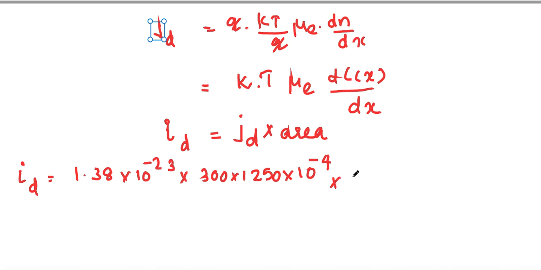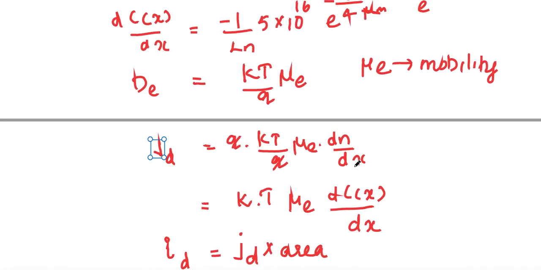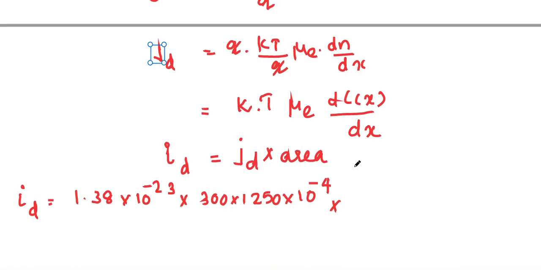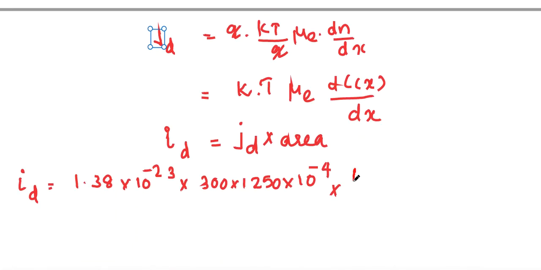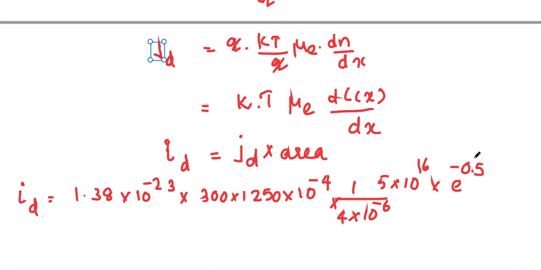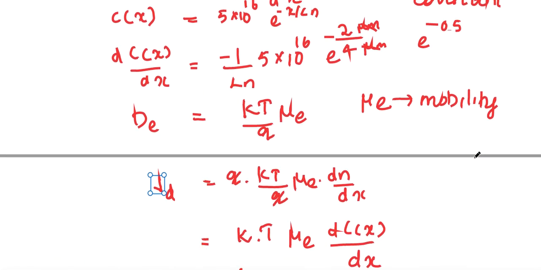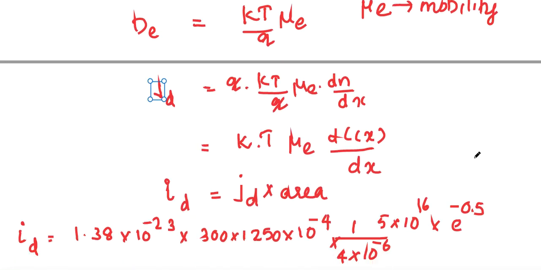Then dC of x by dx, the value is minus 1 by L. What is the value of L? L is 4 micrometer. So we substitute 1 by 4 into 10 raised to minus 6, into 5 into 10 raised to 16, into e raised to minus 0.5. I think up to this everything is clear to everyone.